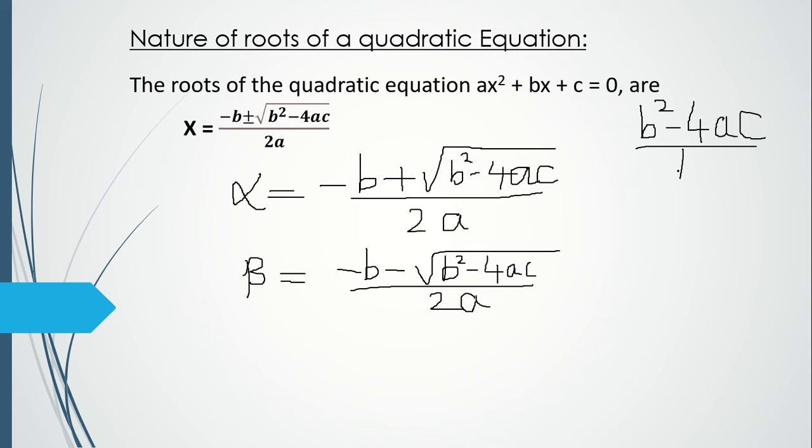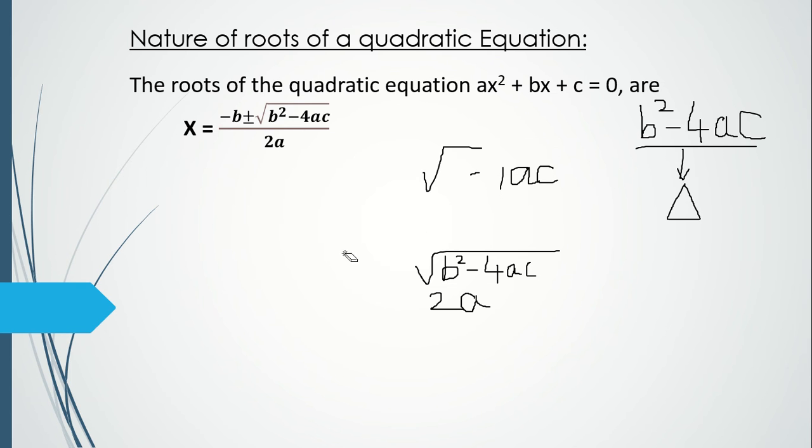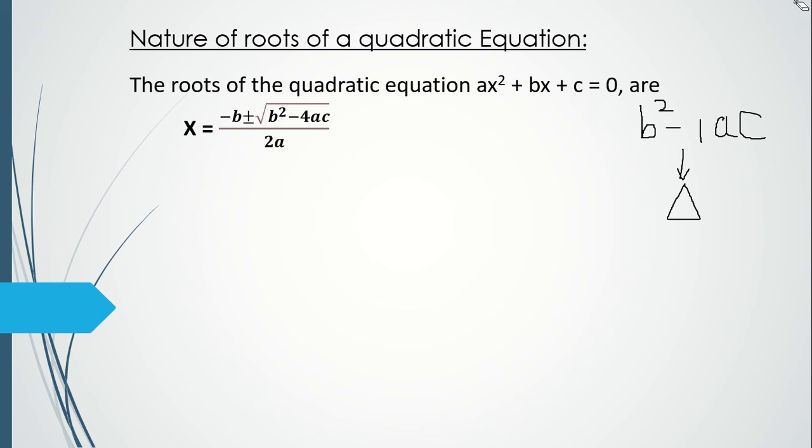It is also denoted by the Greek alphabet delta, because b square minus 4ac decides what is going to be the nature of the roots. And how does it decide? That we will see just now.